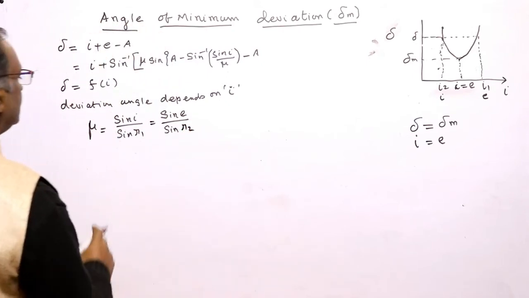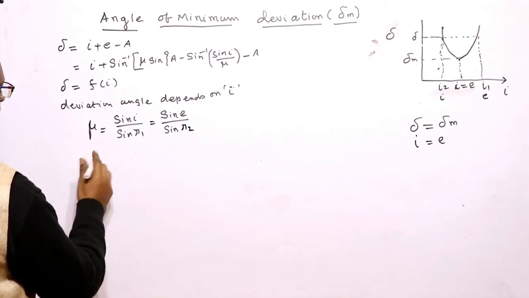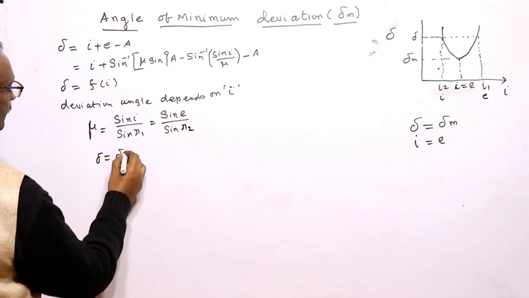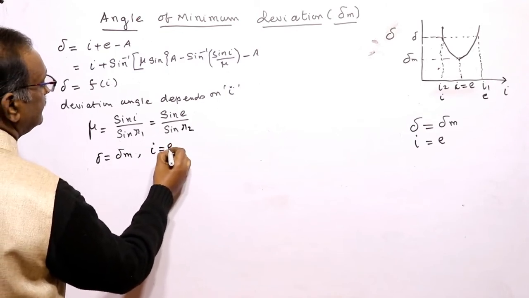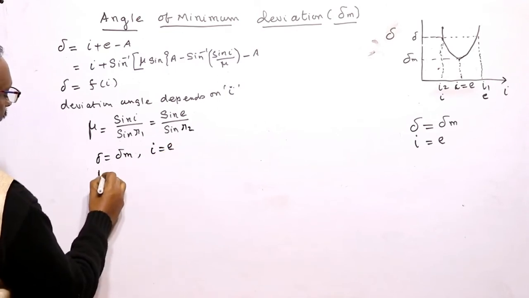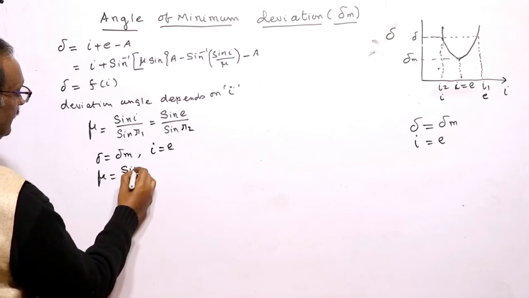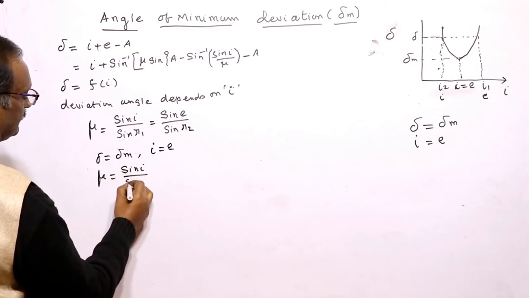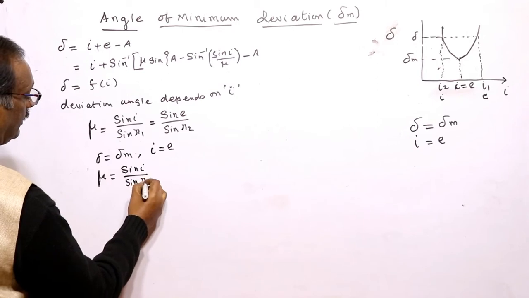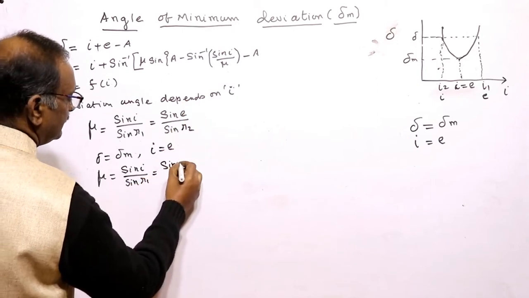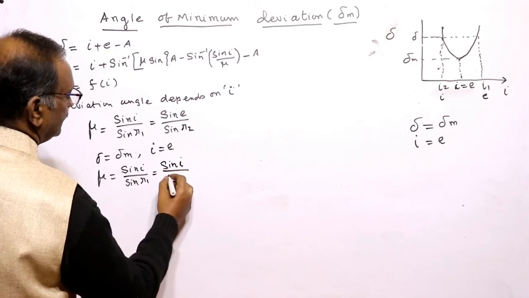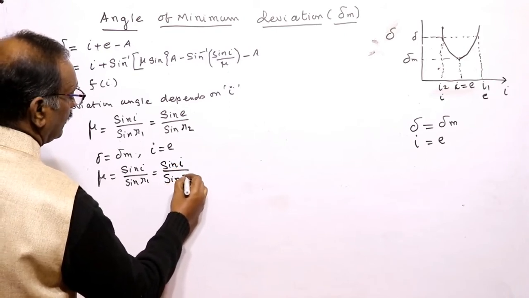Since at minimum deviation I is equal to E, we can write mu is equal to sine I by sine R1, which is equal to sine E, that is sine I, by sine R2.